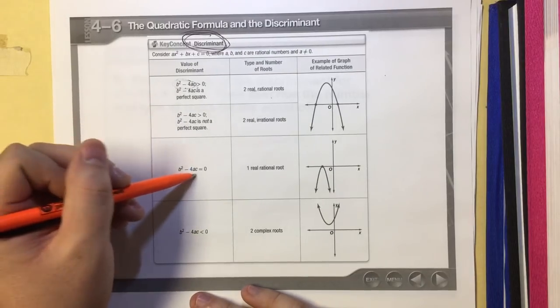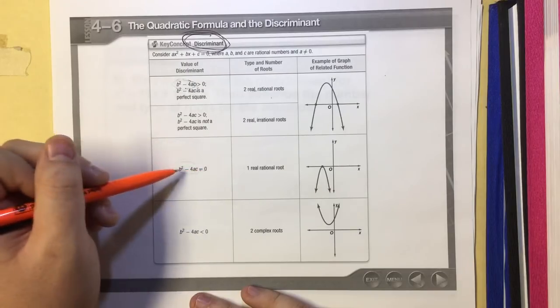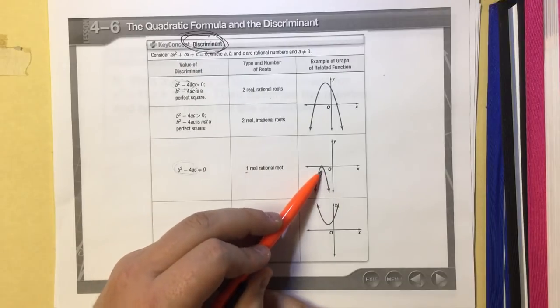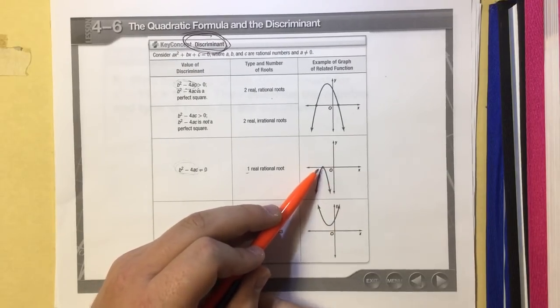If the discriminant, b squared minus 4ac, comes out to exactly 0, that's when you're going to have only one real answer. And as it shows here, that is the vertex as your x-intercept.